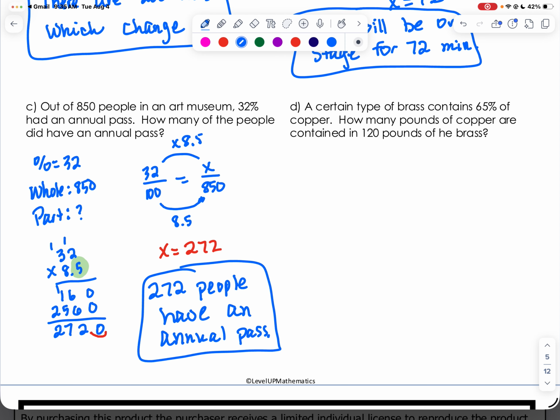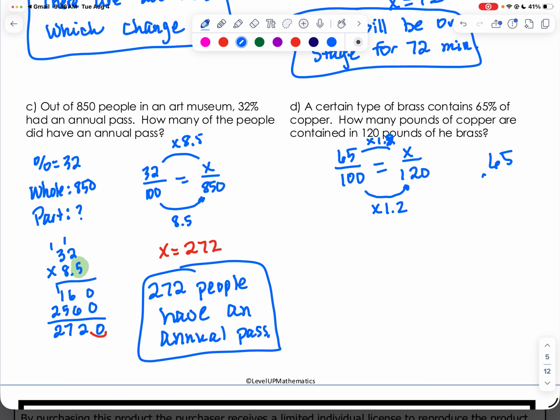All right, welcome back. I set up my percent proportion as 65 over 100 equals X out of 120. I determined that my scale factor was 1.2, so I just multiplied the 65 by 1.2.